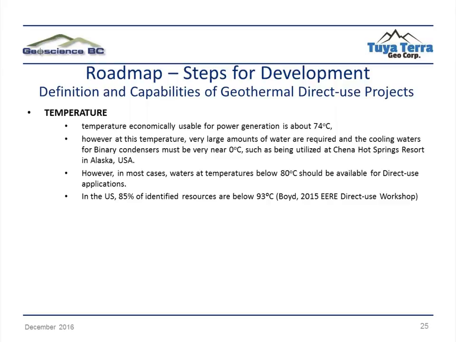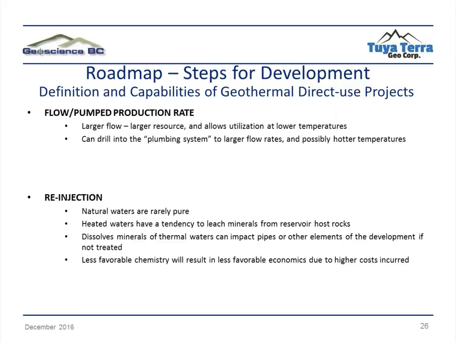But there is one location, Chena Hot Springs up in Alaska, where they can use temperatures at that 74, even a bit lower. What has been developed there is a very interesting system, and it's going to be the focus of one of the direct use examples that we're going to be talking about.